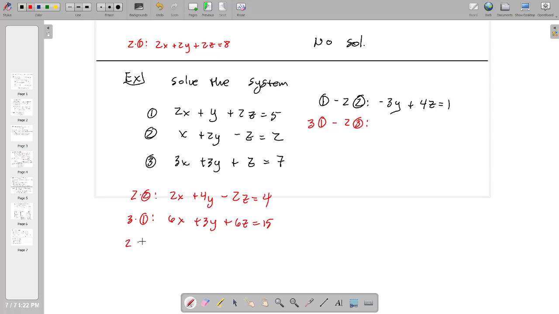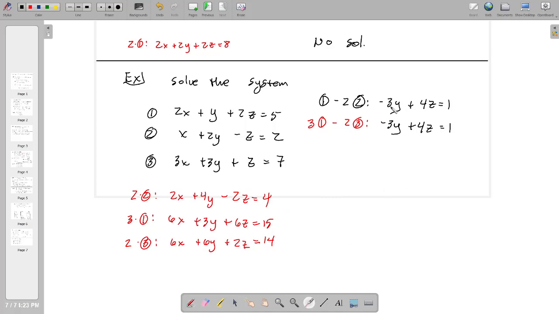And 2 times equation 3 is going to be 6x plus 6y plus 2z is equal to 14. Now we subtract this equation minus this equation. 6x minus 6x is 0. 3y minus 6y is negative 3y. 6z minus 2z is 4z. And 15 minus 14 is 1.